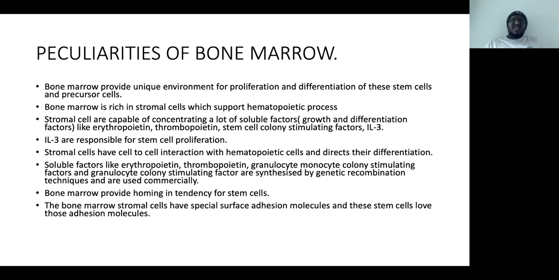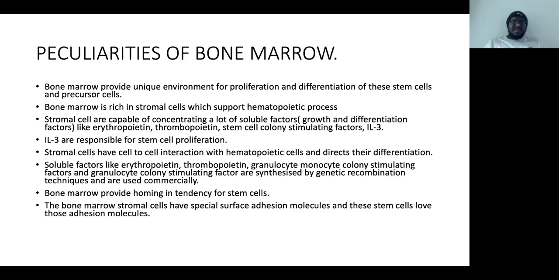So, peculiarities of bone marrow. Bone marrow provides a unique environment for proliferation and differentiation of stem cells and precursor cells. It is rich in stromal cells which support hematopoietic processes. Stromal cells are capable of concentrating many soluble factors, which are growth and differentiation factors like erythropoietin, thrombopoietin, and colony stimulating factors such as IL-3.